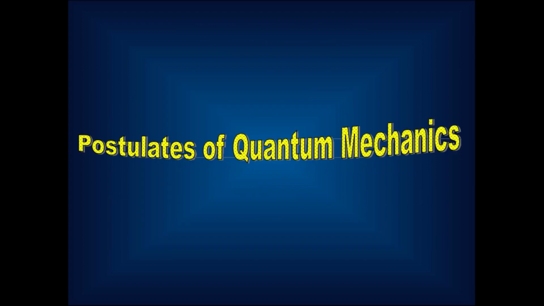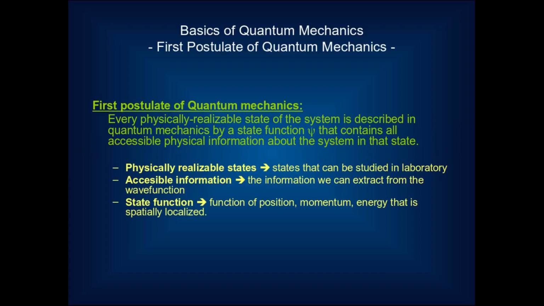Now we talk about the postulates of quantum mechanics. The first postulate of quantum mechanics is that every physically realizable state of the system is described in quantum mechanics by the state function, which is called psi, that contains all accessible physical information about the system in that state, and this function is called the wave function.